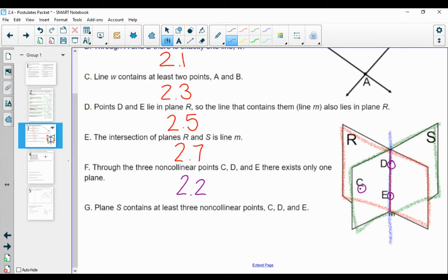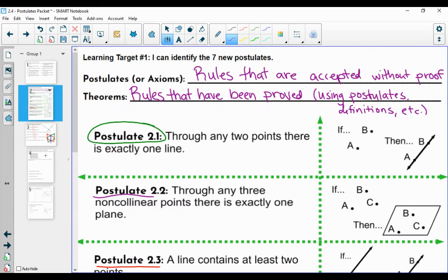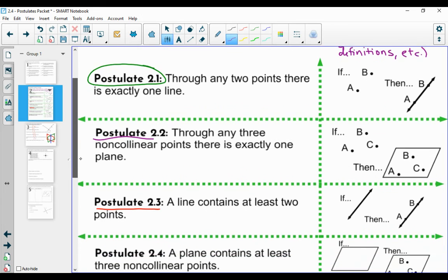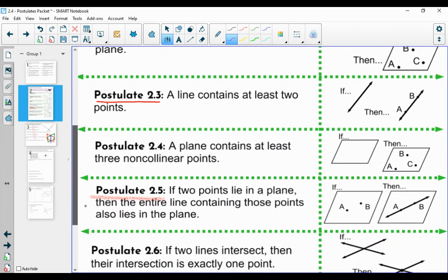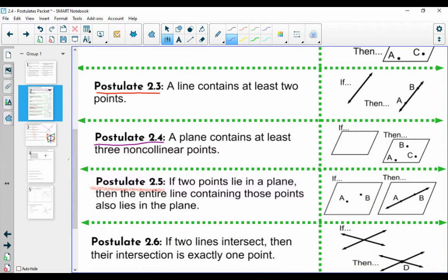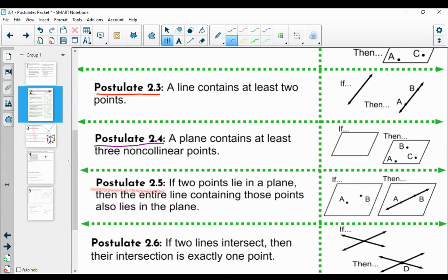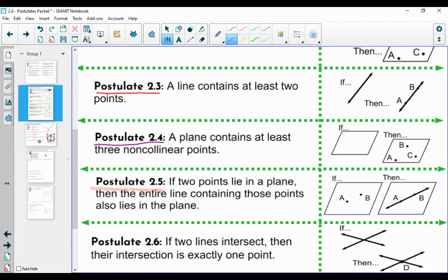And I have one more left. Plane S contains at least three non-collinear points, C, D, and E. So it's going to be the last postulate that I have not used. This one right here. A plane contains at least three non-collinear points.